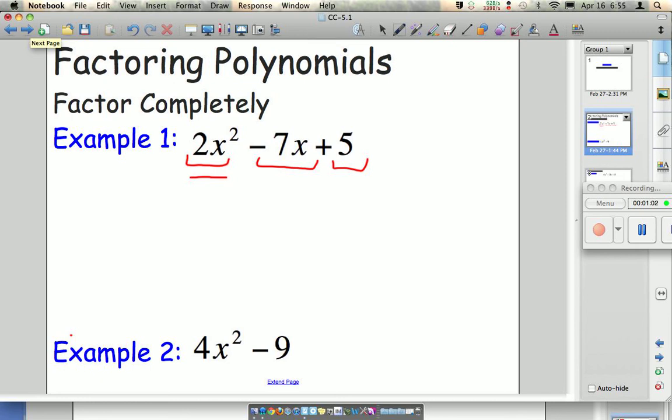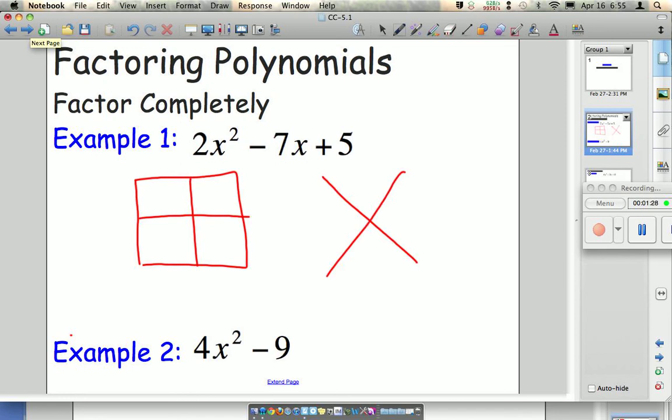So the only thing they have in common is 1, but that doesn't count because 1 goes into everything. The next thing we look for is common x's, and we see an x in the first two terms, but not in the third. So once again, that's not common for all three. So there is no common factor, but we can still factor this by using our generic rectangle and our diamond problem.